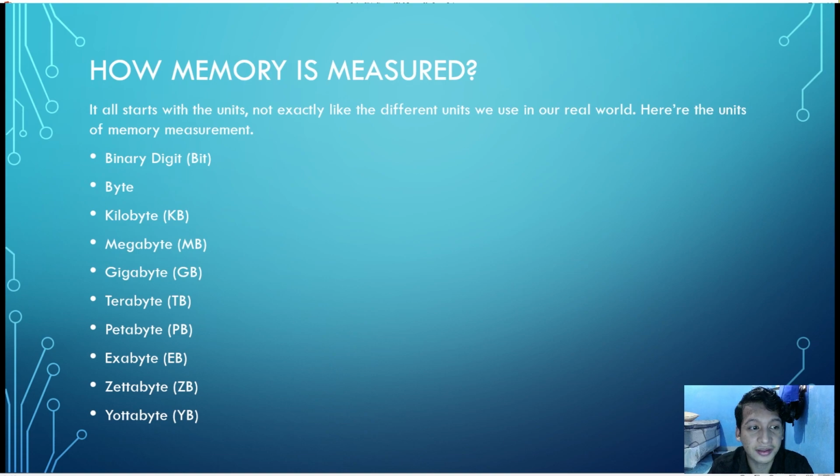And it all starts with the units. Not exactly like the different units we use in our real world. Here are the units of memory measurement. There is a binary digit or bit, byte, kilobyte, megabyte, gigabyte, terabyte, petabyte, exabyte, zettabyte, and yottabyte.